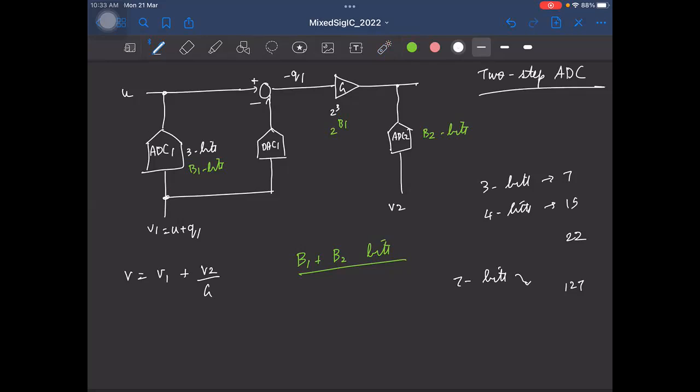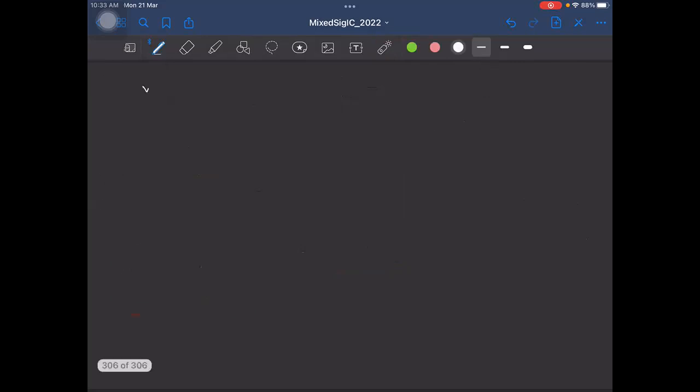Okay. So let's now look at how this will be done, right? So this operation, let me write it again. So the output needs to be combined in this format. Okay. And for the case we took, V1 was 3 bits, V2 was 4 bits, and the gain is 2 power 3, right?